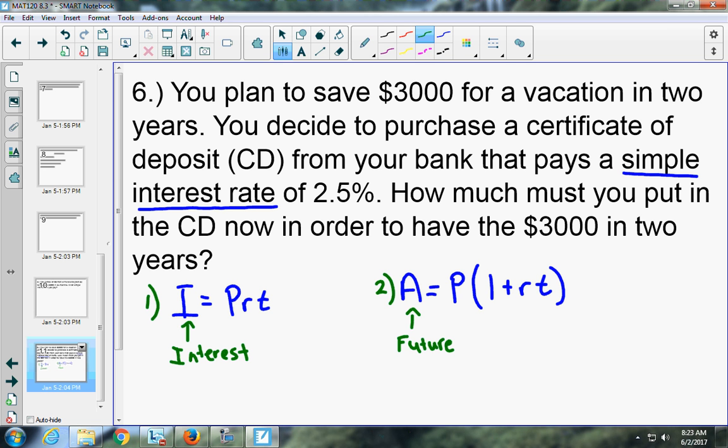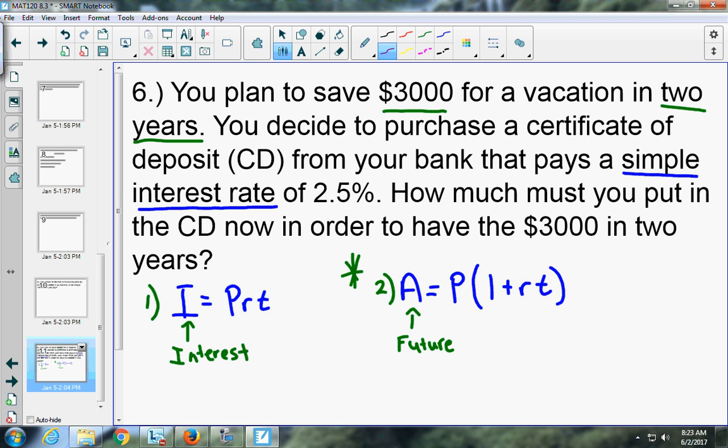It says you plan to save $3,000 for a vacation in 2 years. That first sentence tells me how much money I need to have in the future, or how much money I need 2 years from now. So because of that, I need to use the second equation.